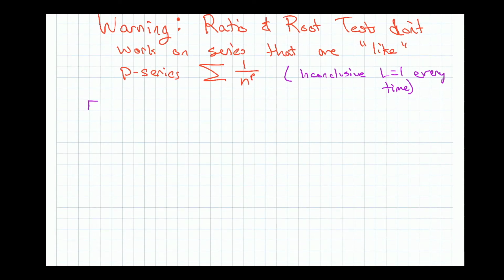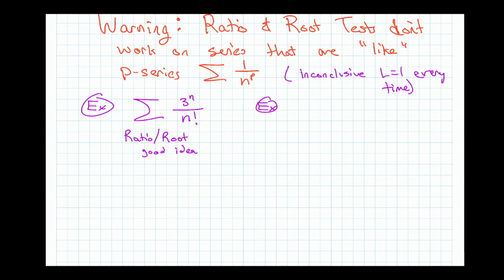For example, if you have something like 3 to the n over n factorial, that's a good idea for ratio or root test.